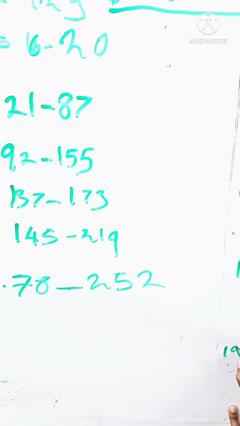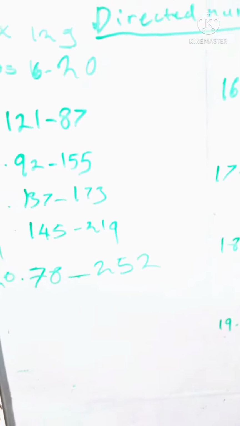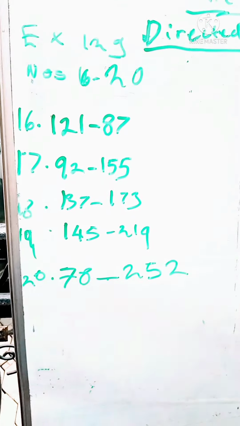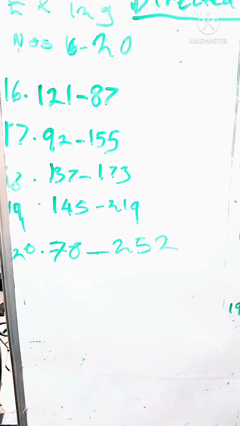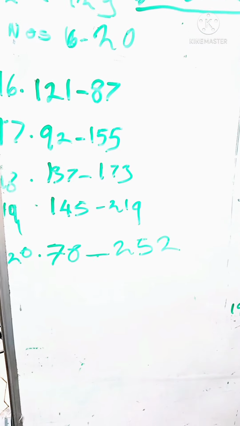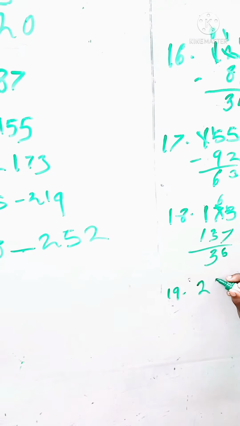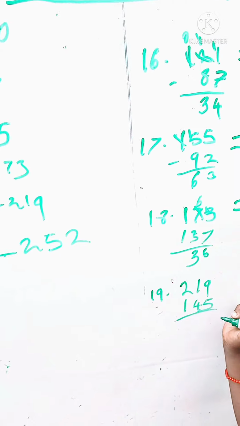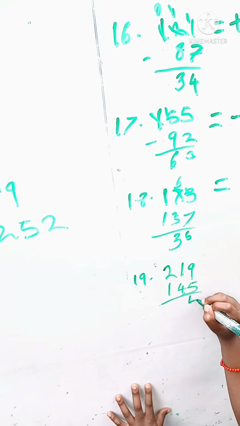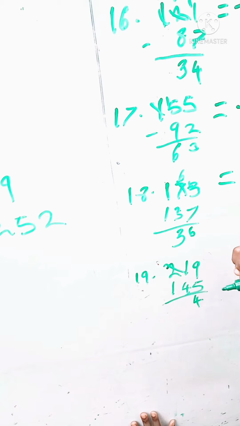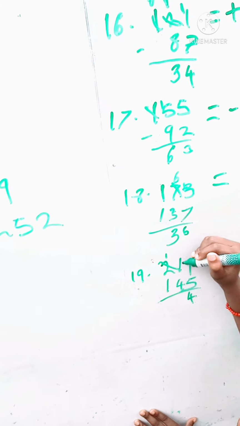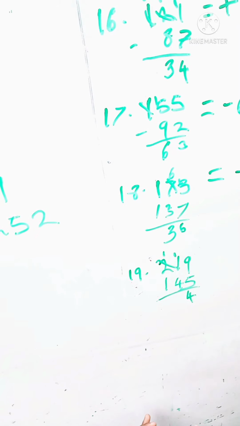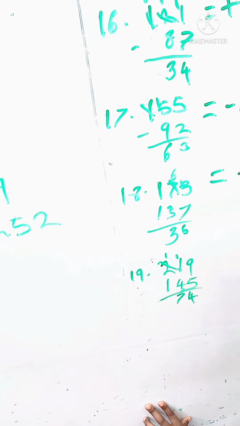Number 19. So that means once they have different signs, we find the difference and put the sign of the bigger number. So number 19, 145 minus 219. So we do it from the bigger number first. 9 minus 5 is 4, but we borrow 1 from 2, remains 1, and add 1 here, that will be 11, so we go 10, 9, 8, 7, and that will be 74.